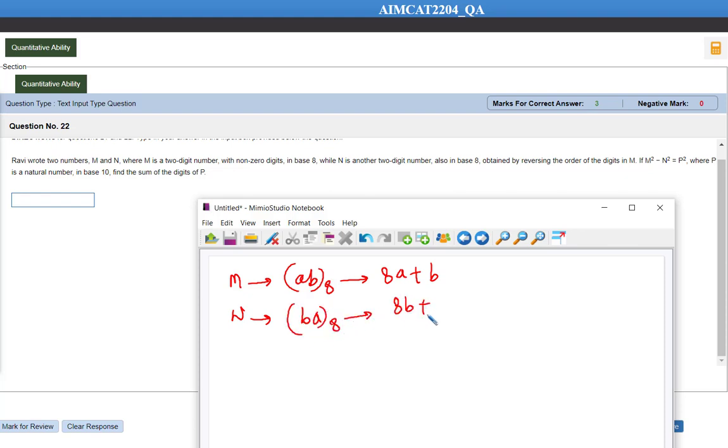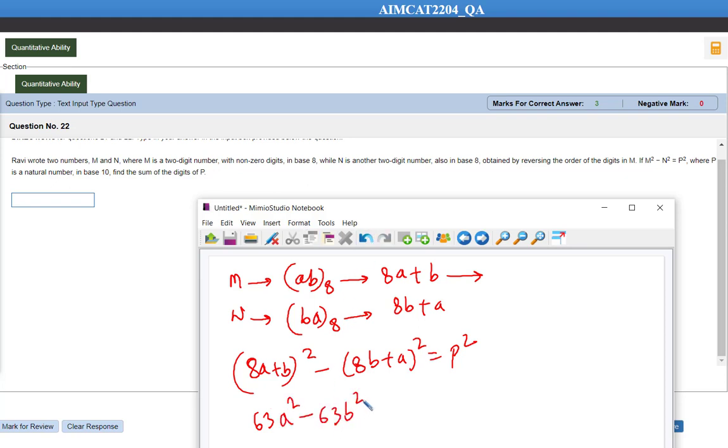Okay, m square minus n square is equal to p square, that is (8a plus b) square minus (8b plus a) square is equal to p square. So this is going to be 64a square minus a square, 63a square, similarly minus 63b square, and plus 16ab minus 16ab will get cancelled out, is equal to p square.